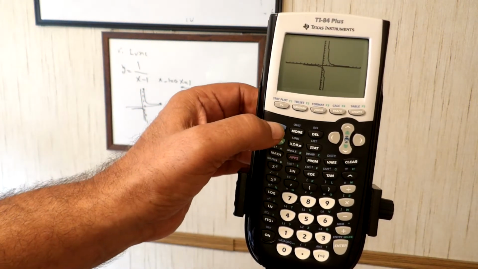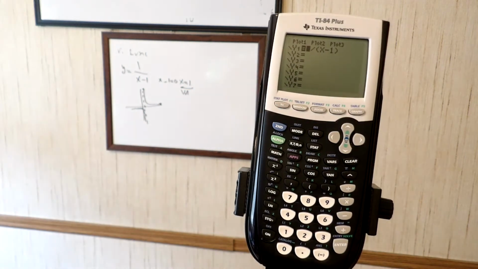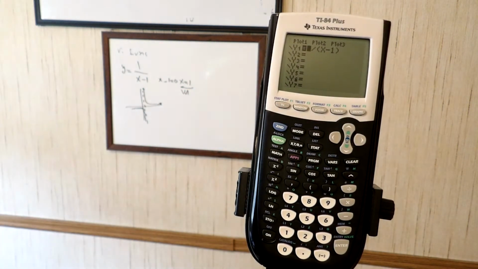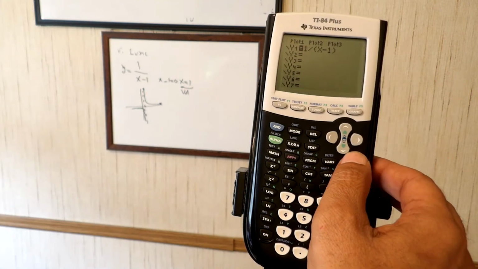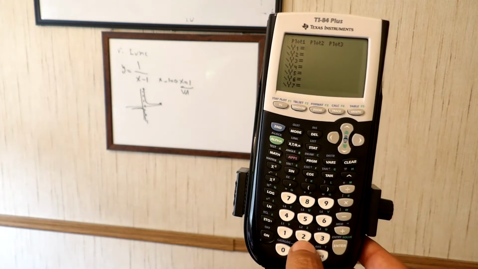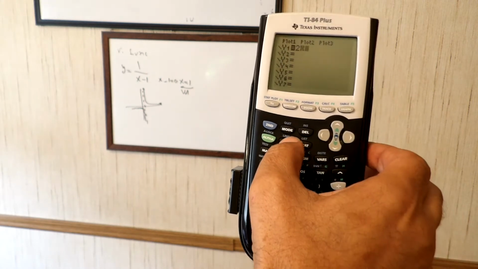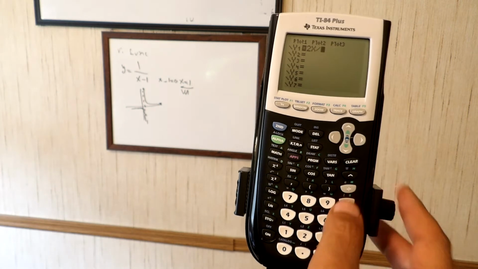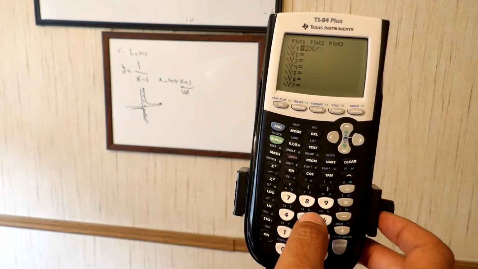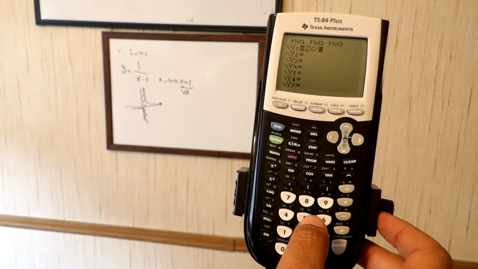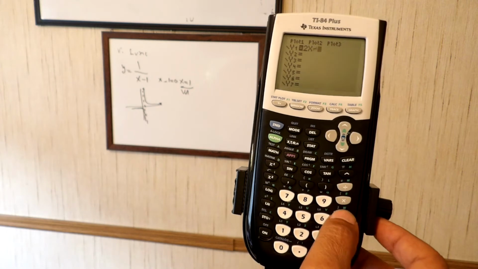Let's talk about another one. This time let's clear this one: 2x divided by, let's say, 2x minus 1.